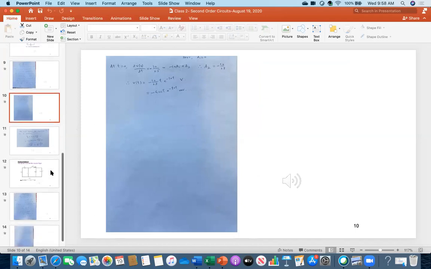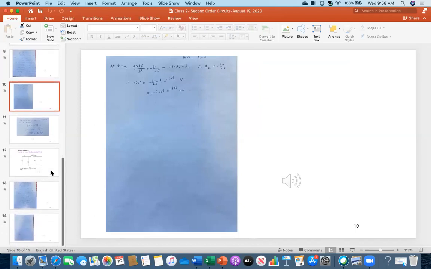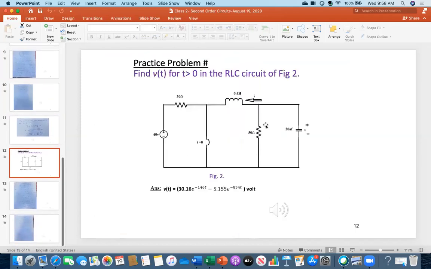Therefore, everybody see another example, then it will be more clear to you. Okay, see this example. Everybody concentrate on this circuit. Again, I have written down the answer for you. But here, everybody see there is one problem in the statement. What is the problem? The initial conditions are not given.